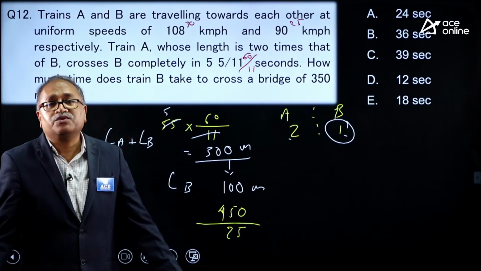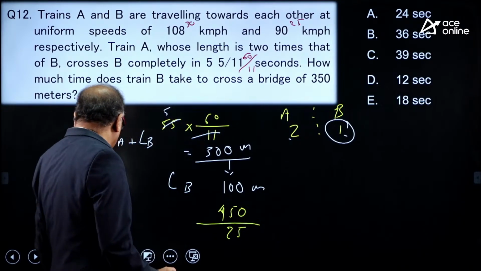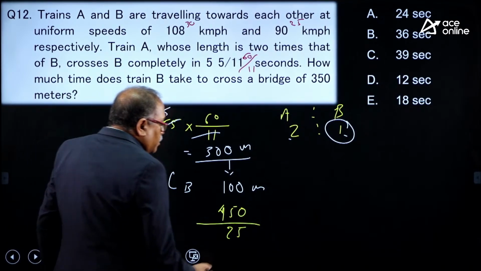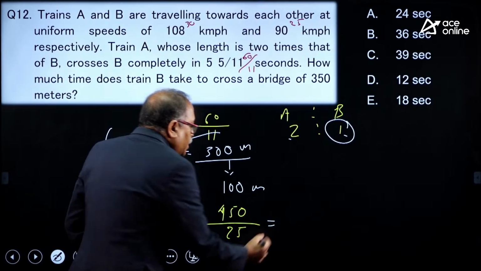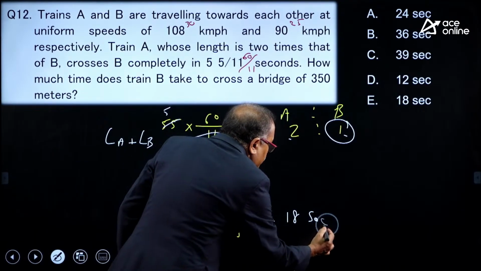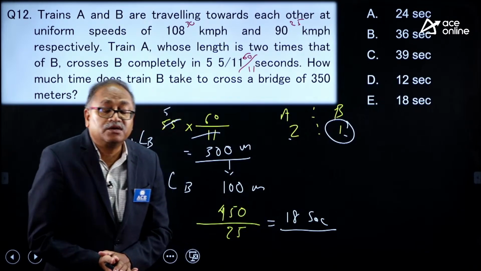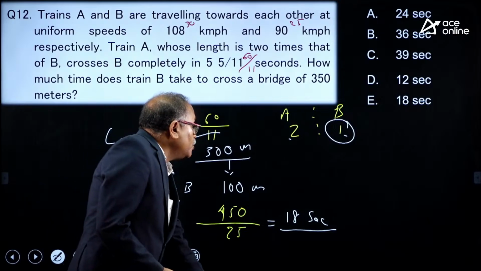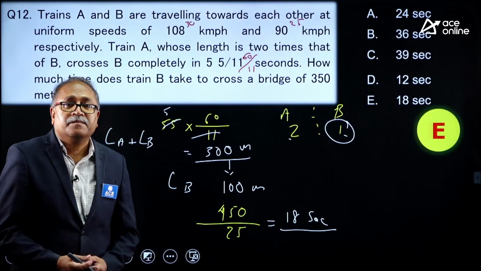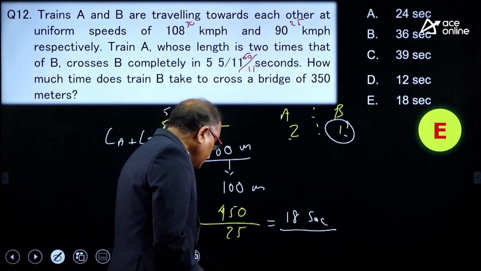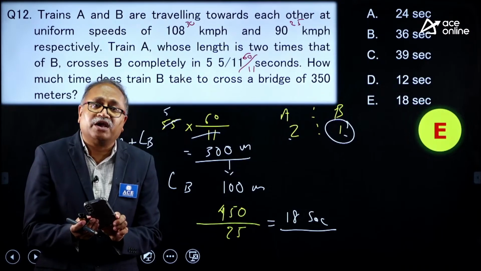So, just divide this by 25. That is 16 plus 2, which is 18. So, I got that 18 seconds will be the time for train B to cross the bridge. Do we have any option? 18 seconds, option choice E. Right, friends? Just be online, you will be getting exposed, and your understanding will become much wider.